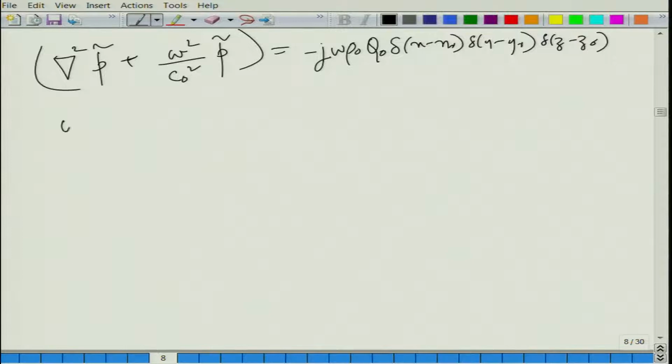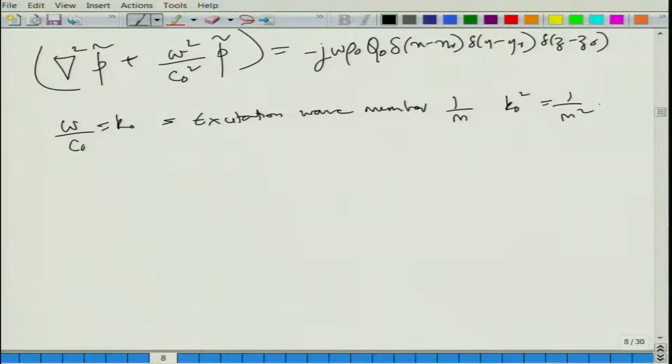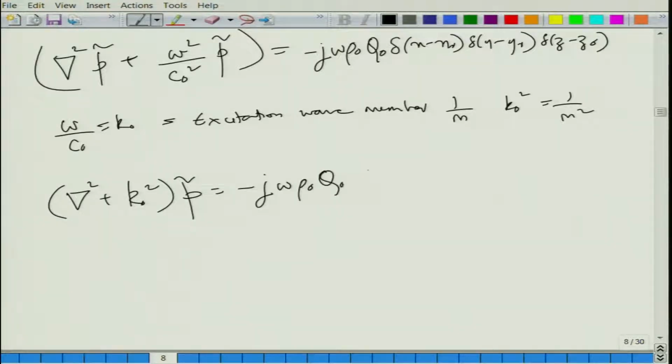Okay. And omega by c naught is k naught. So, that is your excitation wave number. The dimension of that is per meter, or k naught square is per meter square. So, you eventually will get this term, j omega rho naught q naught into x minus x naught, y minus y naught, z minus z naught. Okay. So, this is a very important result.